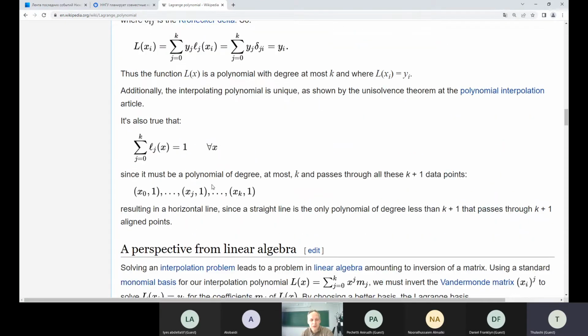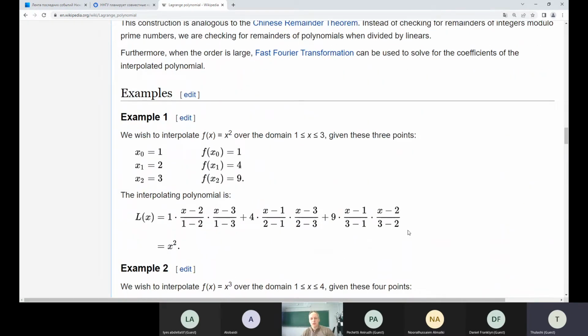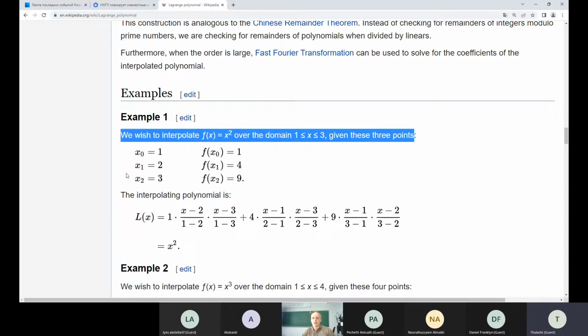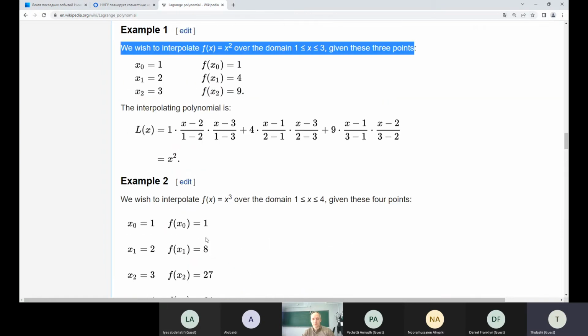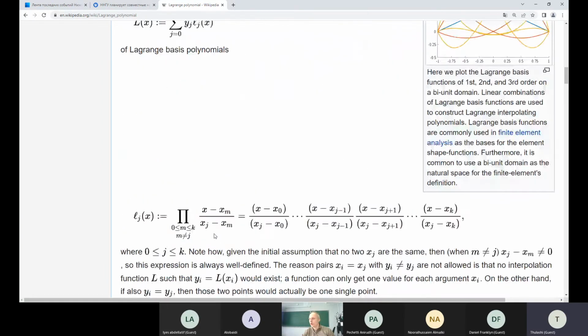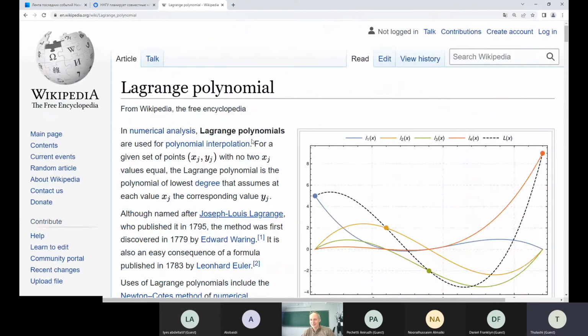Is there some example? Yes, an example of how to find a Lagrange interpolating polynomial of degree 3 and so on. Well, all the information, if you do not find my presentation very good, you can find in Wikipedia or in any book of numerical analysis.